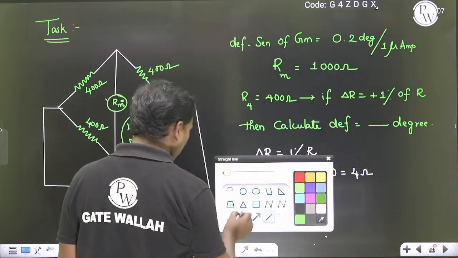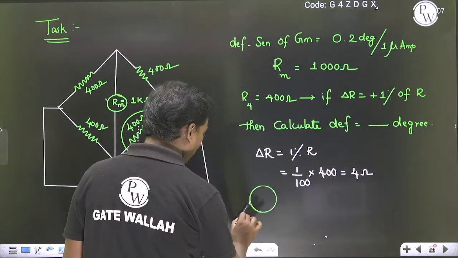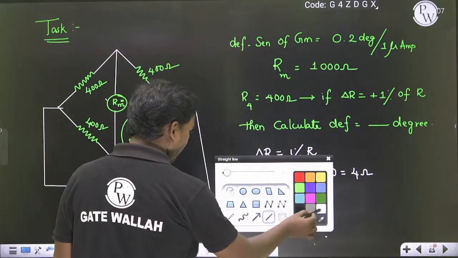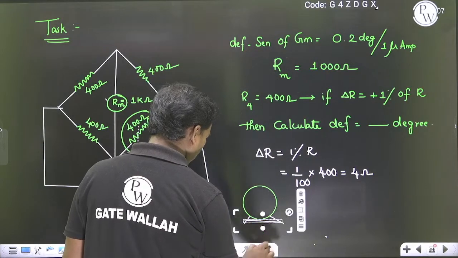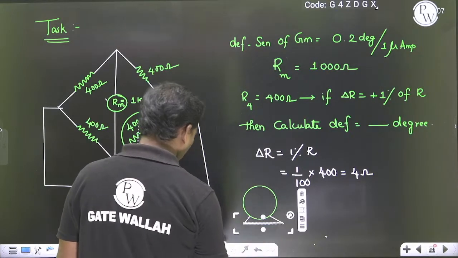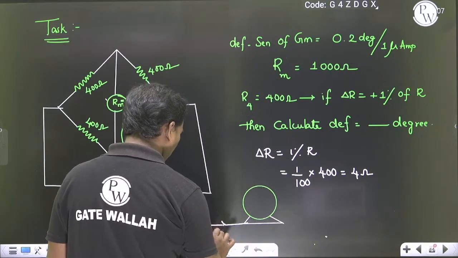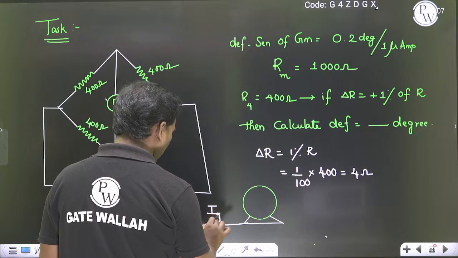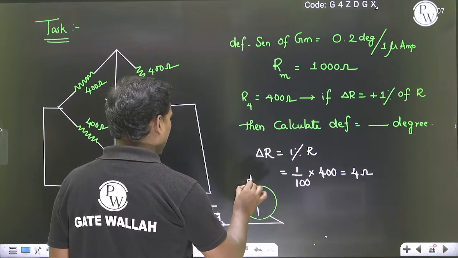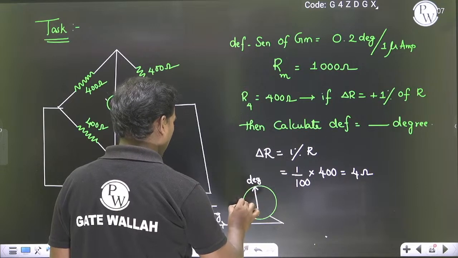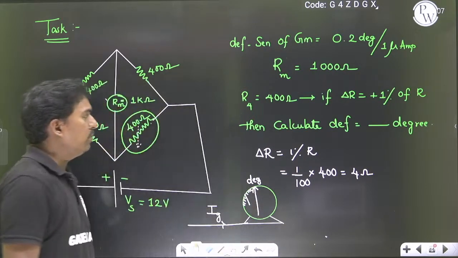So if you see this, the meter, here comes the galvanometer current and here comes the deflection in degrees.